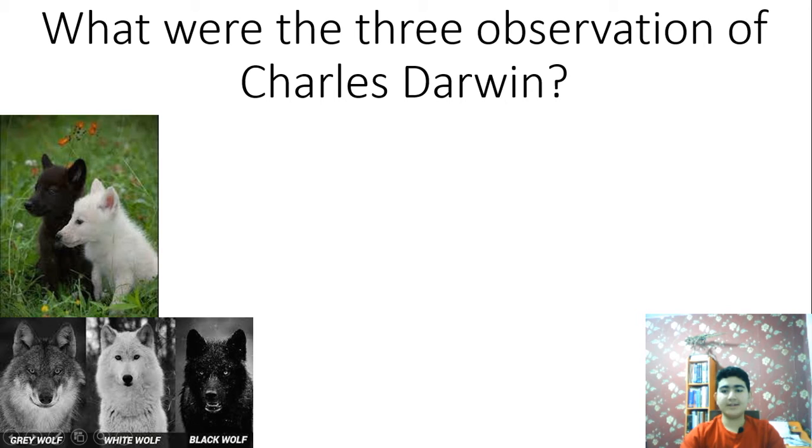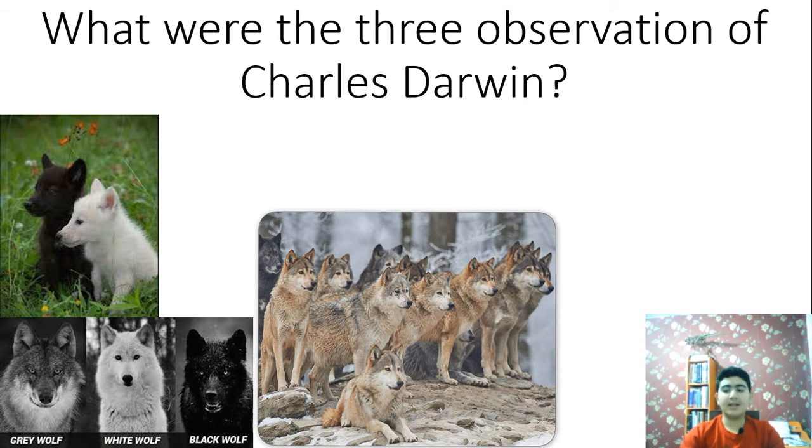Number two, a population can produce far more offspring than can survive to produce offspring of their own, and so with more individuals than the environment is able to support, in the end competition is inevitable.